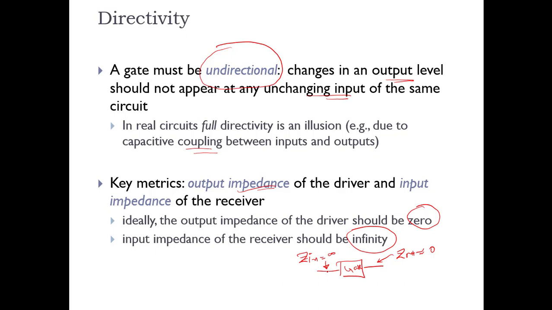Those are the ideal properties, which means that if you connect this gate as a driver to any other gate, and the output impedance is close to 0, it will deliver the maximum voltage and power to the driven gate.